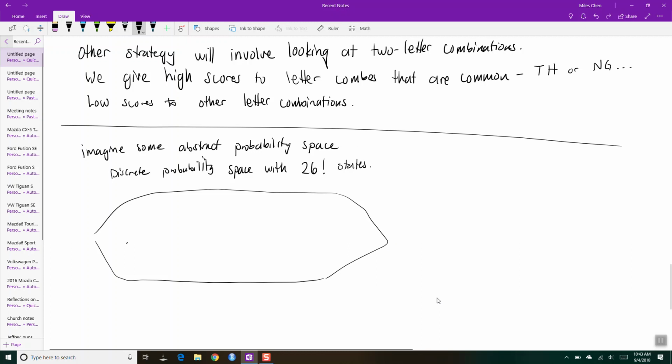We're imagining this in the abstract, right? And then you've got 26 factorial locations here, and if I were able to put some kind of grid over this, most of the locations have probabilities close to 0.